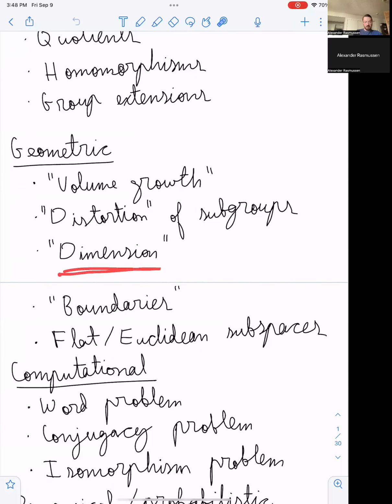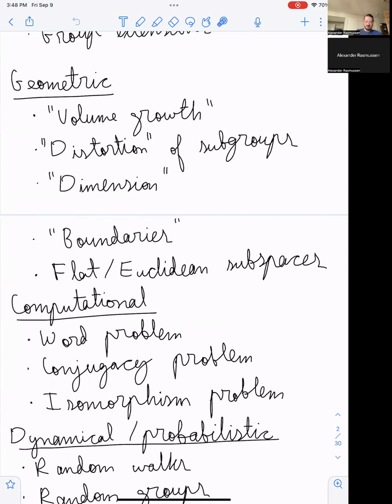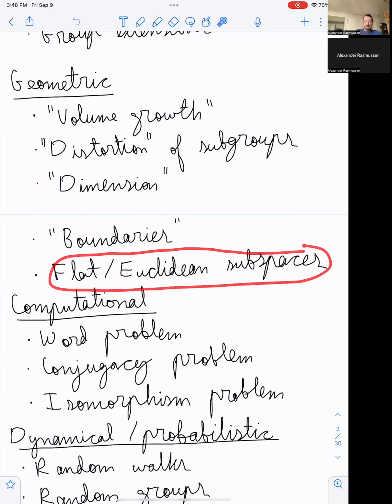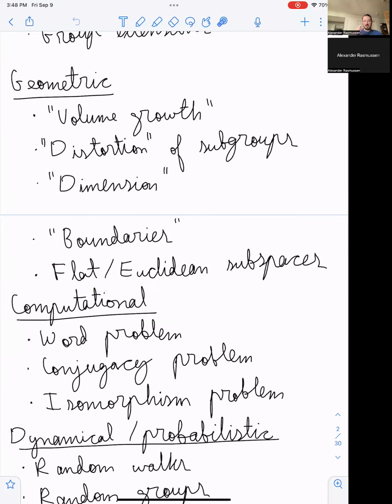You can ask about dimension of groups. You can ask about some notion of boundaries. And generally, you want to understand all kinds of different subspaces. And in particular, a very interesting class of subspaces would be the Euclidean subspaces.